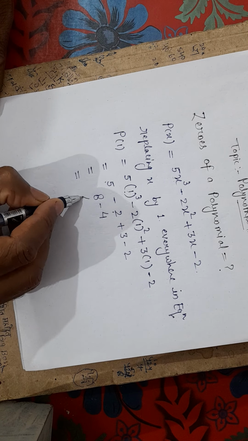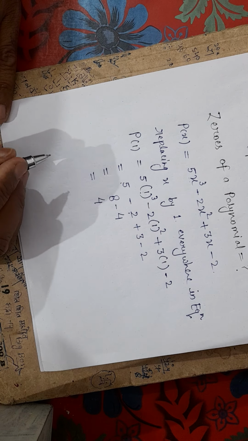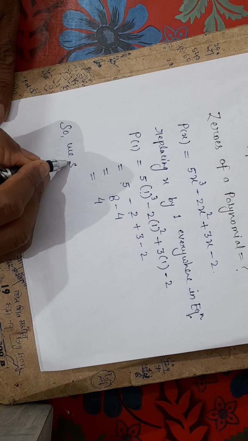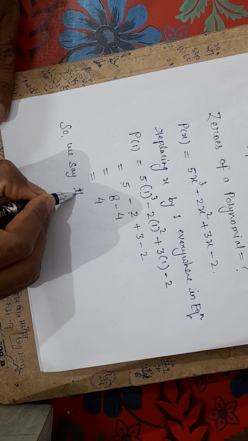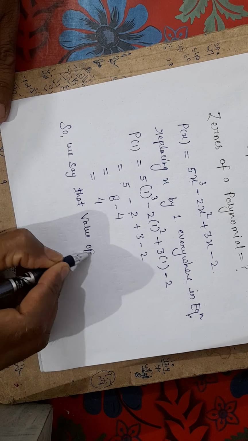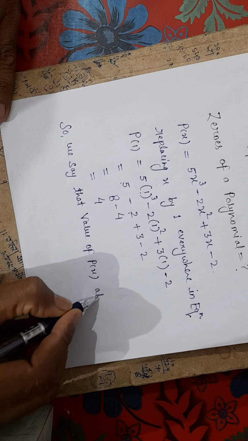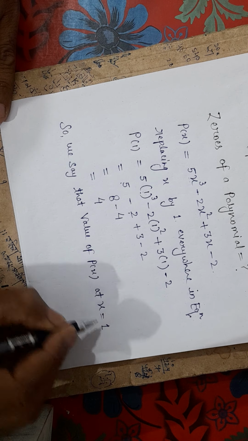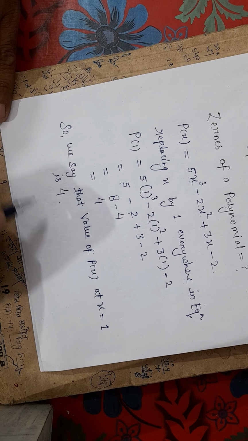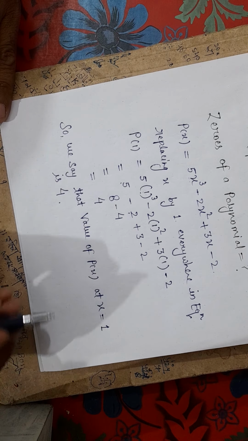Subtract this, the value is 4. So we say that the value of p(x) at x equal to 1 is 4. And similarly we can put any other constant value in the place of x and find different results.